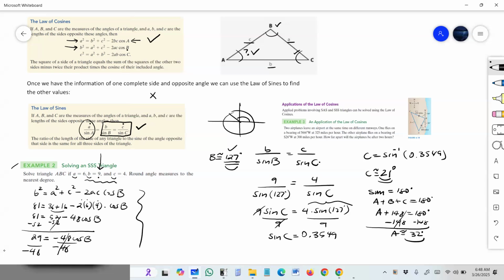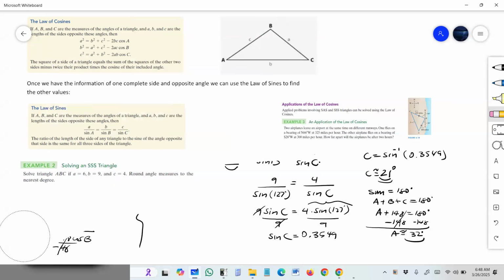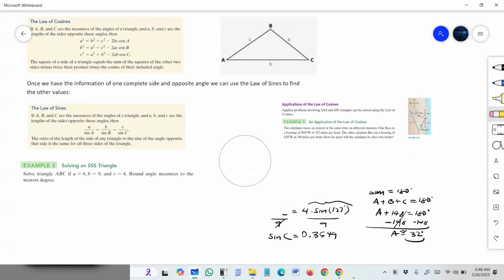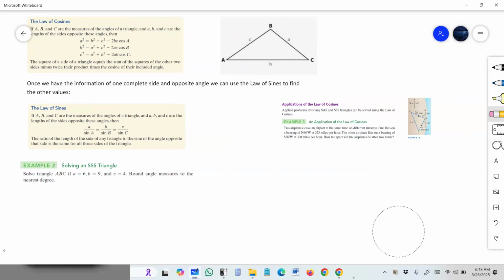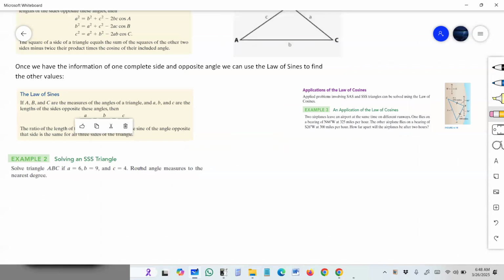So, applying the law of cosines and the law of sines to solve the triangle. Okay, so the last problem is an application problem. I'm going to erase all of this. Sometimes the application problems are the easier ones because we don't have to find every piece of information. We just have to find what we are asked to find.